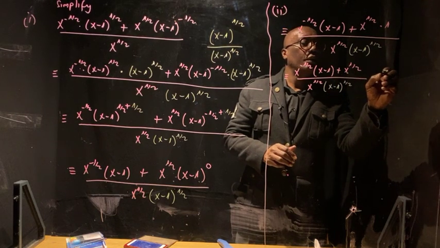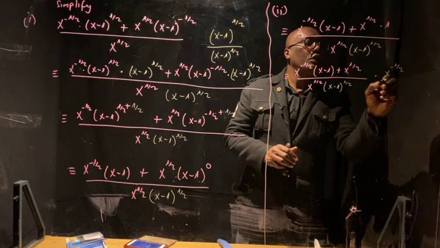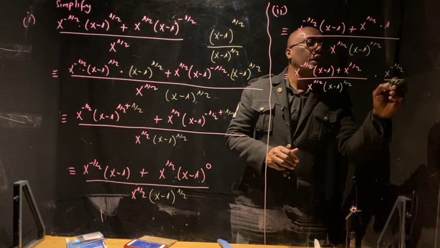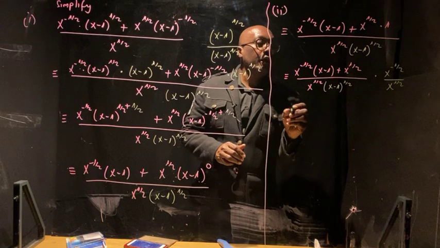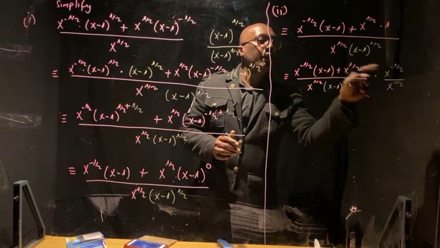So it becomes s raised to the power negative half over x raised to the power negative half. Good. So it becomes, I'm multiplying this to this and this to this.